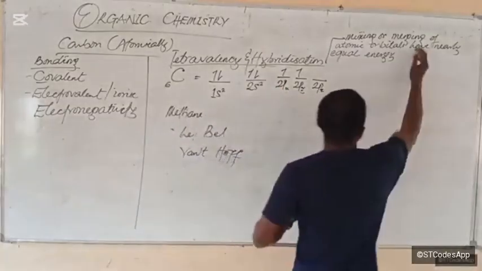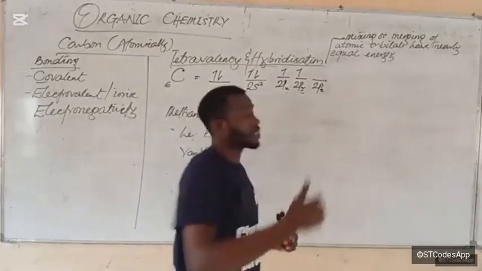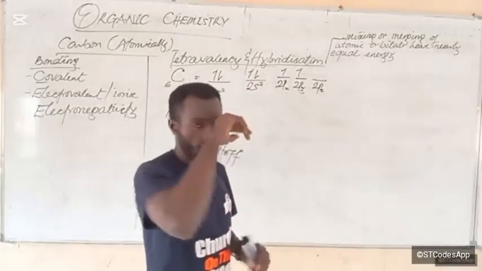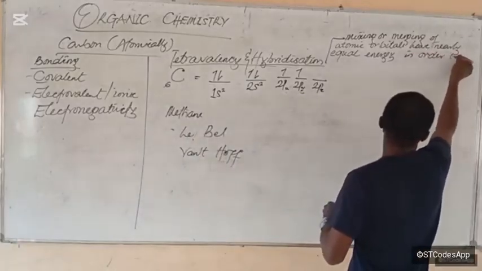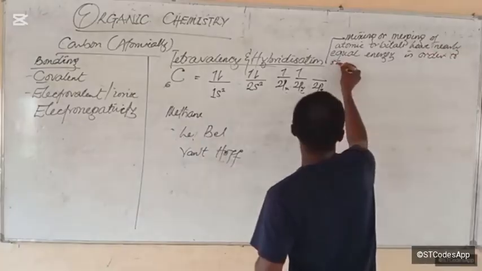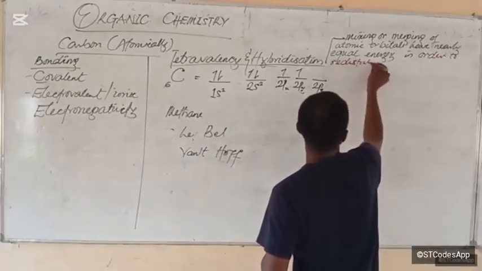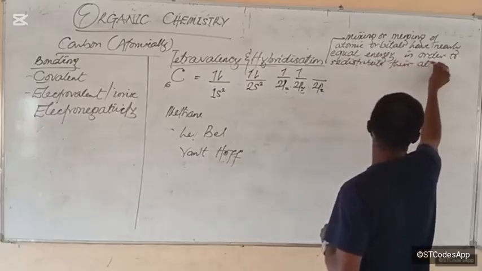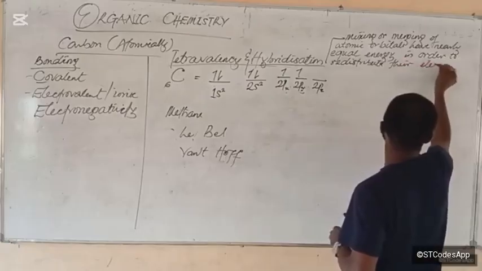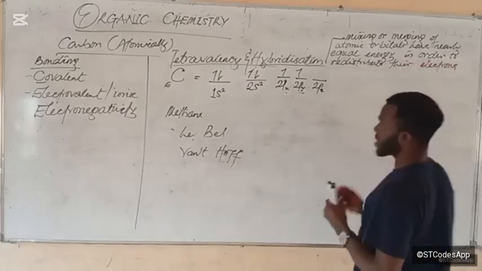So we're going to have equal or nearly equal energy in order to redistribute their electrons.